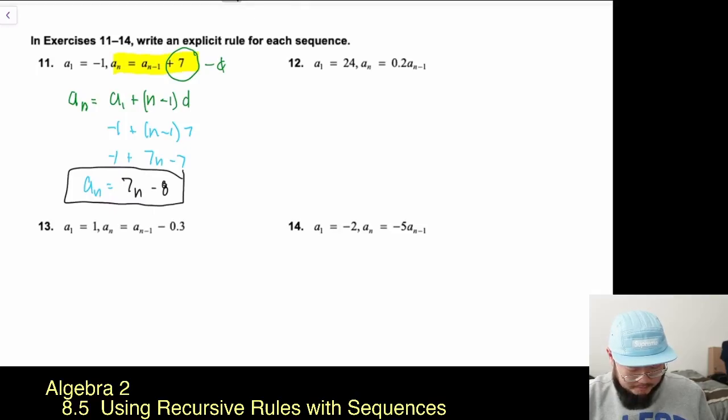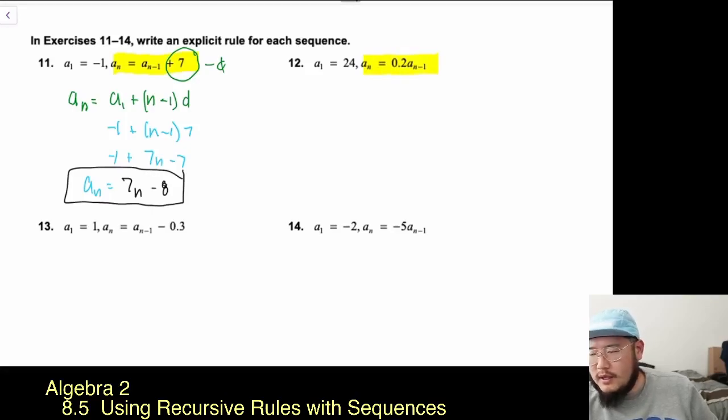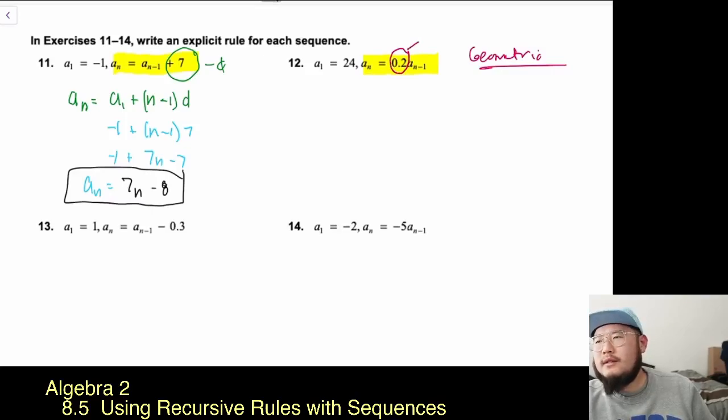Next up, number 12. So right here, looking at this equation, our recursive rule looks very familiar, and this looks like it is geometric. And if we remember in geometric, the coefficient right there is r. So r happens to be 0.2.